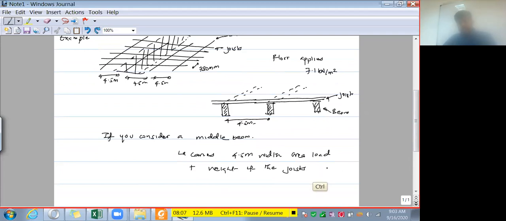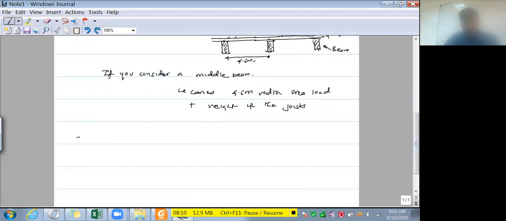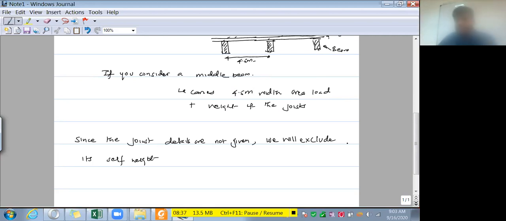So my assumption here, since the joist details are not given, is that we will exclude its self weight. But if it is given, then we have to consider the weight of the joist as well.